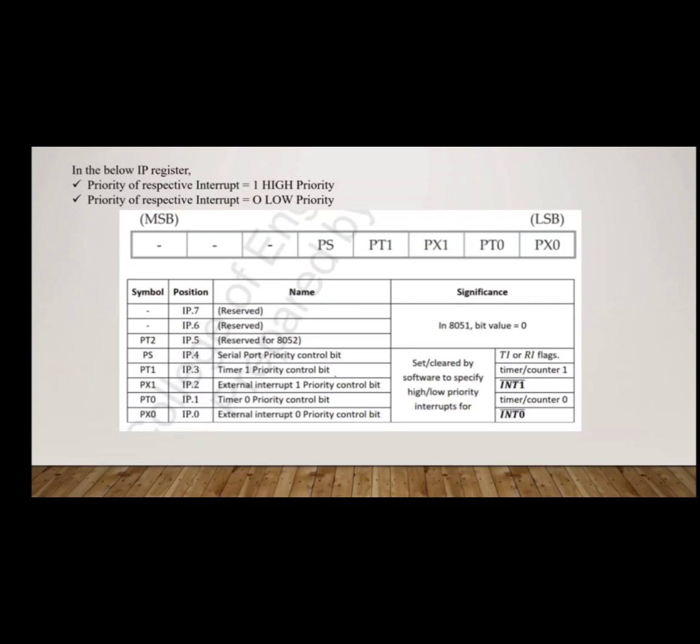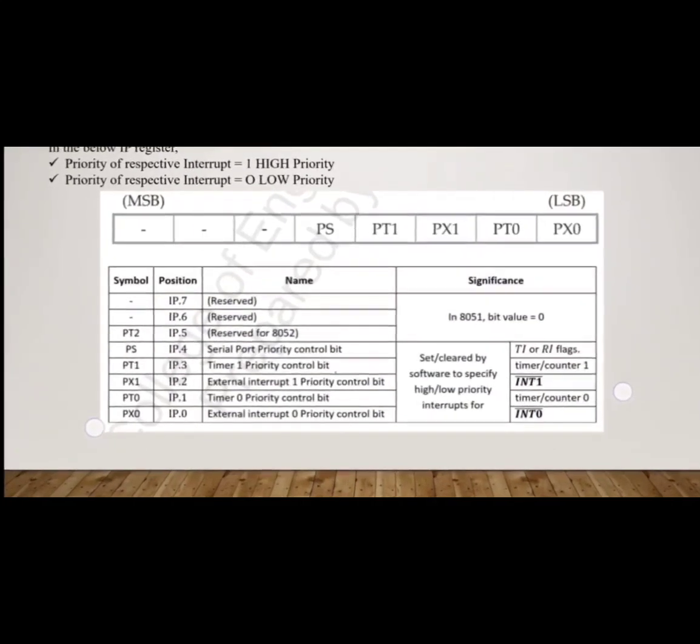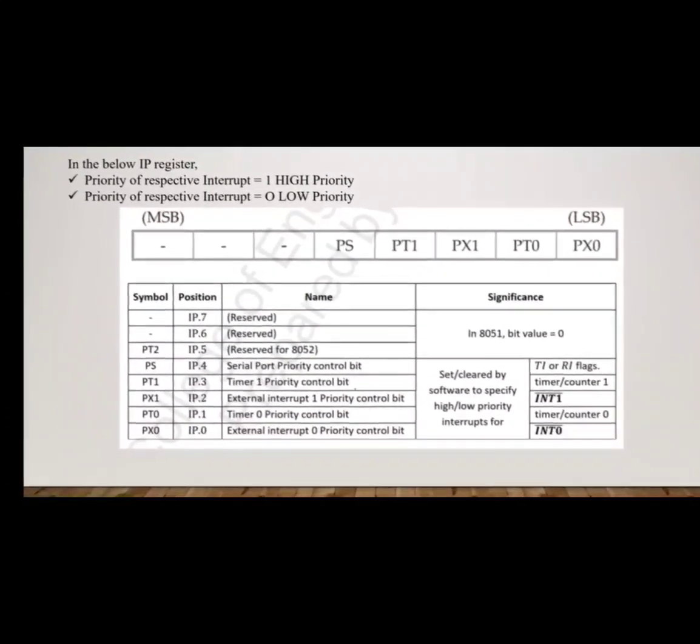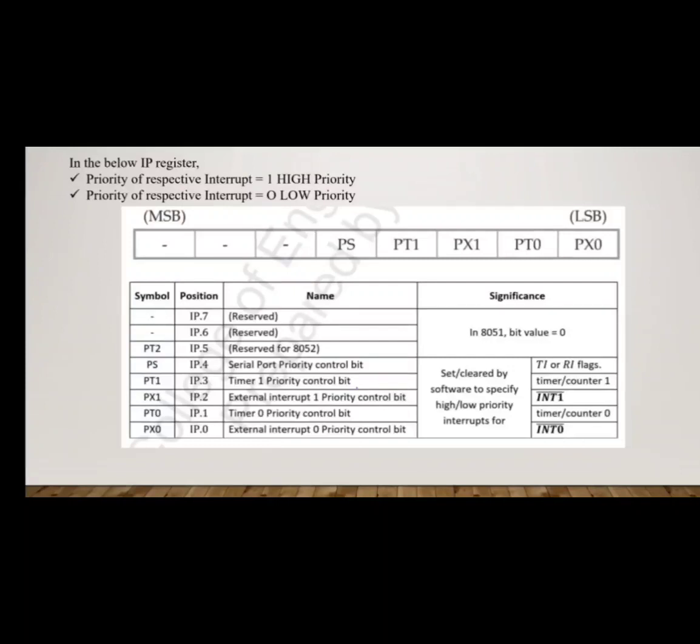PS is the priority control bit of the serial port. Then the other 3 bits are reserved. They are not used in 8051. IP7, IP6 and IP5 are reserved, since in 8051 their value will be 0.